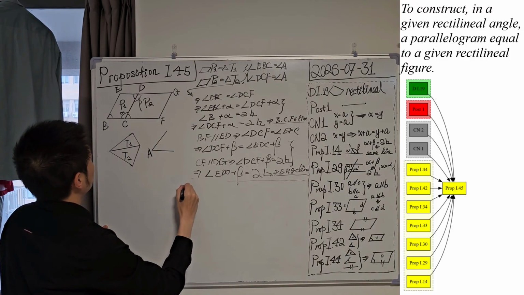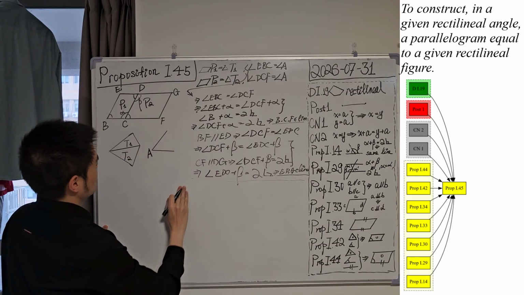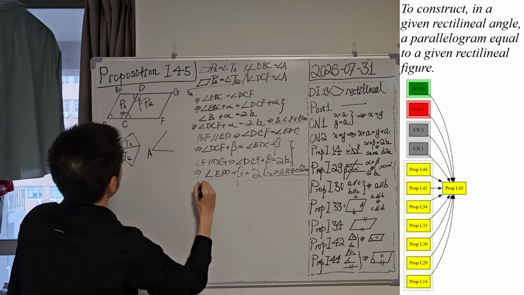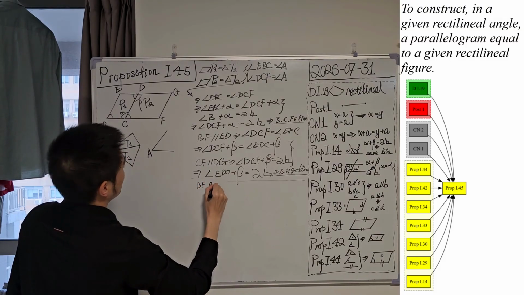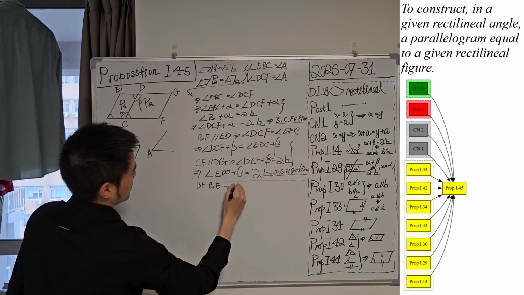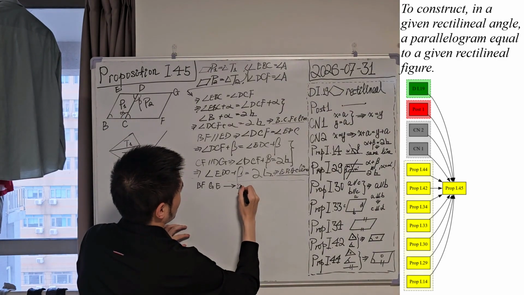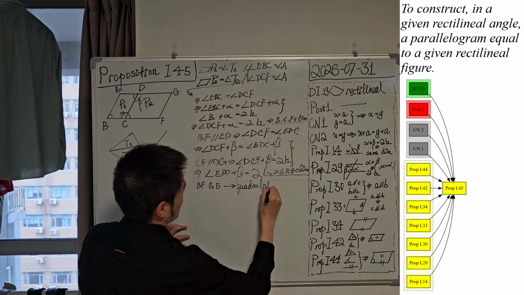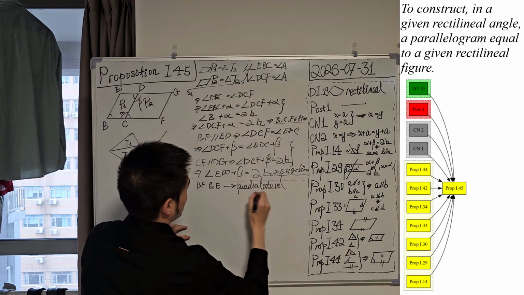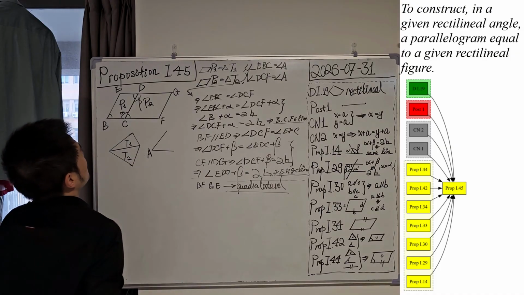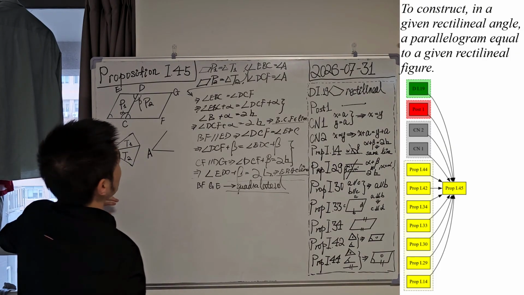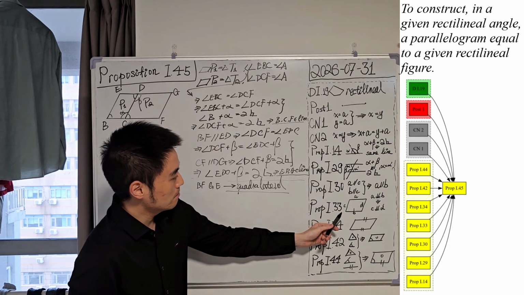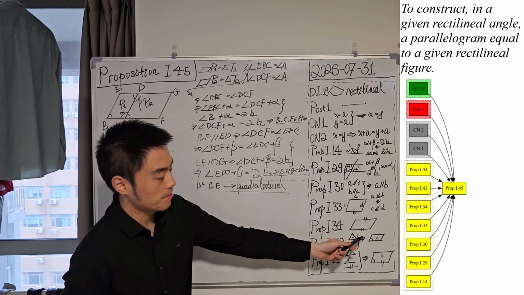So currently, with these two conditions, we know that BFGE is a quadrilateral, right? In order to prove it, let's pay attention to proposition 34, please.